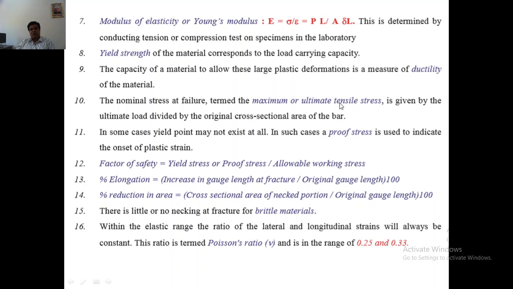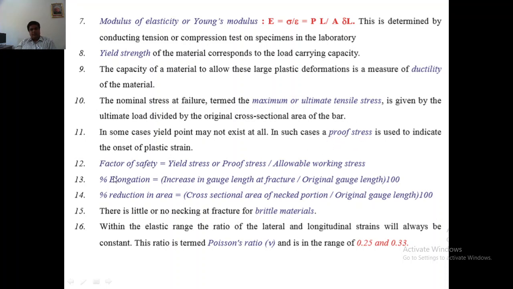And coming to proof stress, we saw that in some cases the yield point is not clear in the stress strain diagram, so we take the 0.2% yield stress, and we saw how to calculate the 0.2% yield strength in materials where the yield point is not indicated clearly. Particularly in non-ferrous materials, we have seen that.